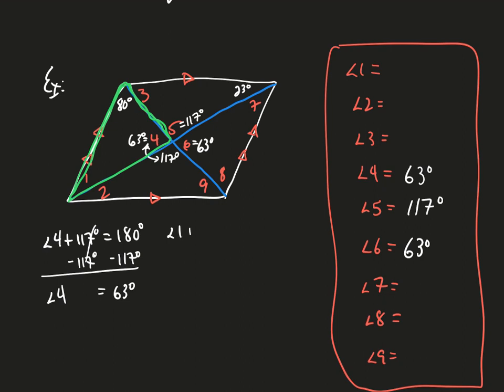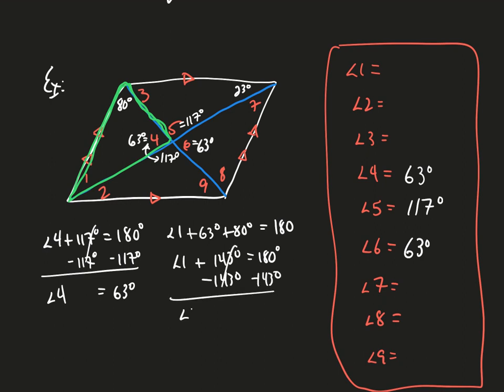So angle 1 plus 63 plus 80 has to be equal to 180. That's a pretty easy equation to solve. 63 and 80 is 143. Then move 143 to the other side by subtraction. So angle 1 then has to be 37 degrees. So you can tell we're just plunking away, getting some of our answers.